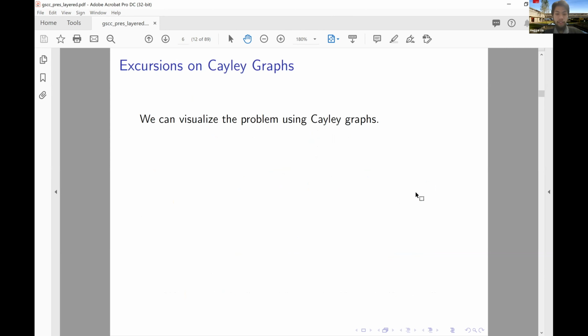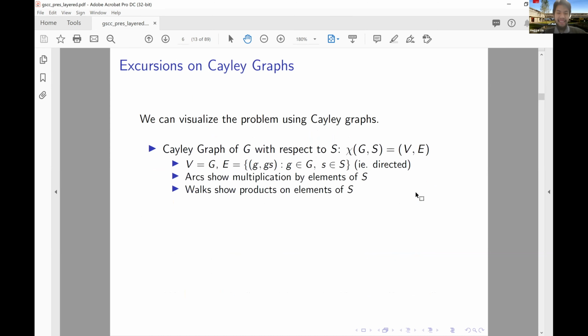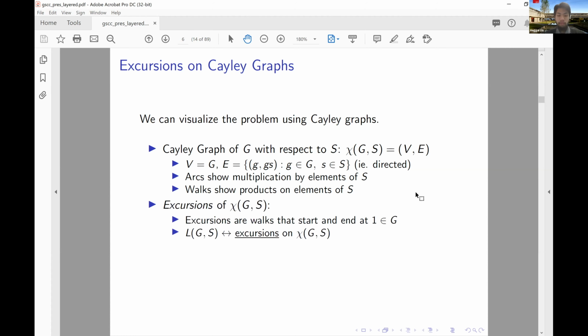To visualize this problem, we will use Cayley graphs. I'm sure you are all familiar with that. This is actually a directed graph, where the vertices are the group elements and the edges show multiplication by elements of our generating set S. Hence walks do in fact show the products of elements in S. We're going to take excursions to be walks that start and end at the identity element.